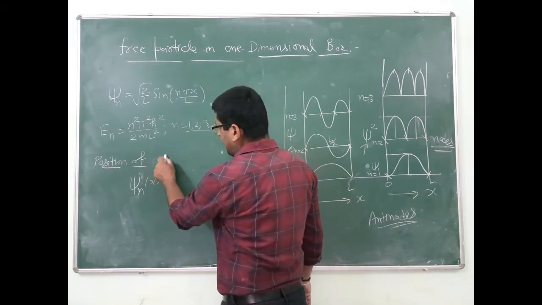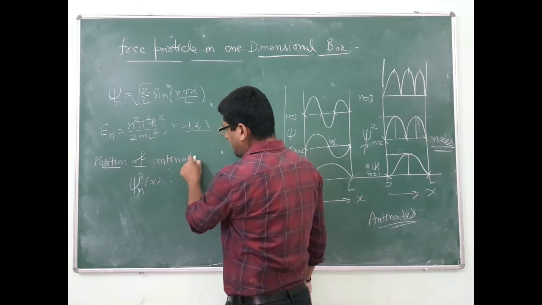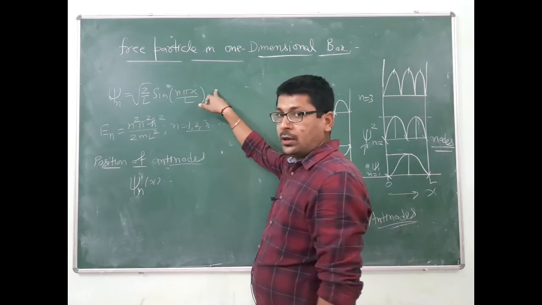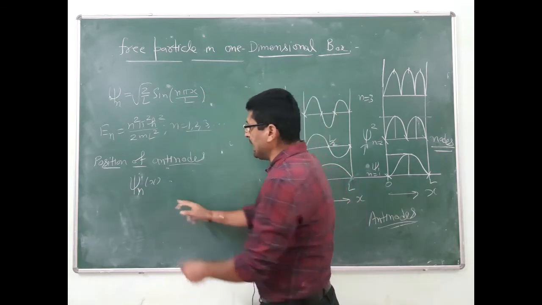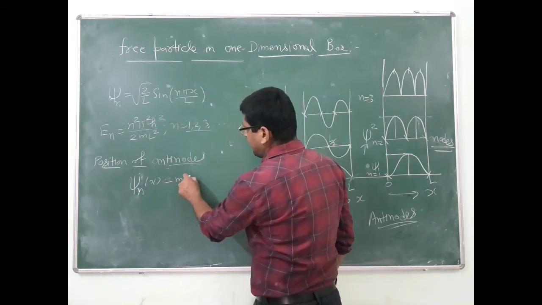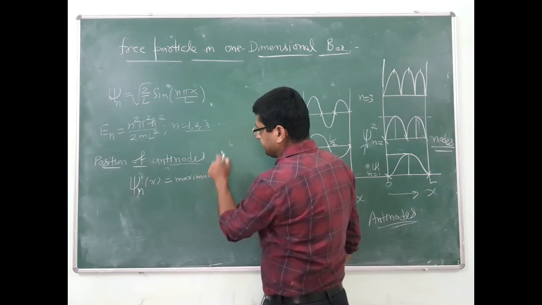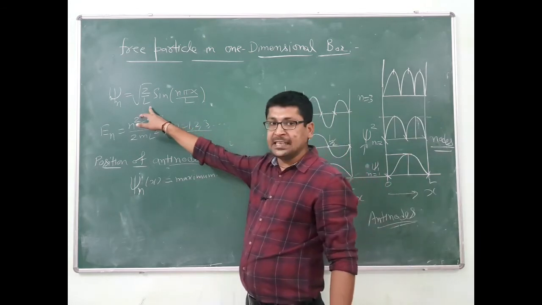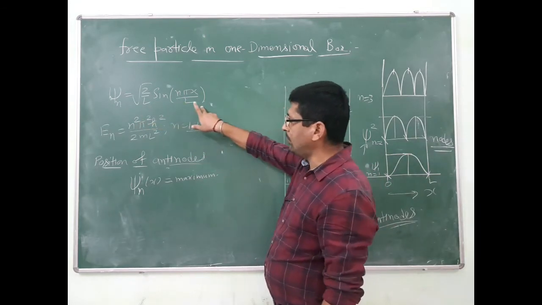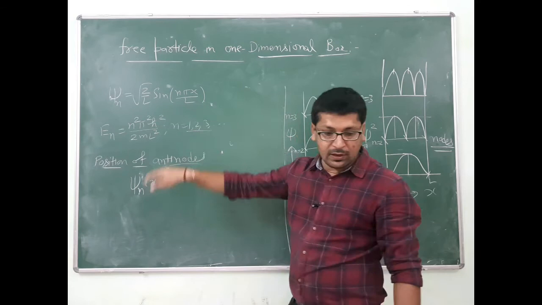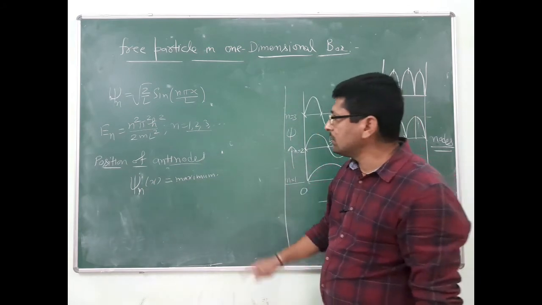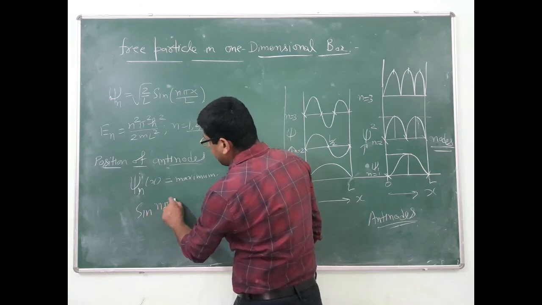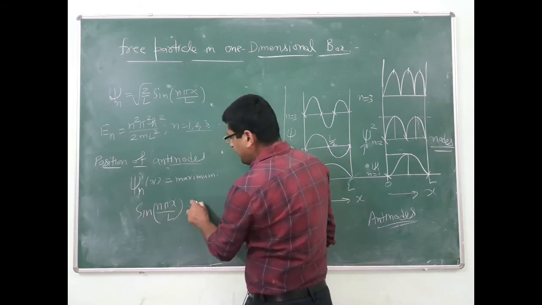Antinodes means your wave function has to be maximum, the psi n(x) has to be maximum. As we know, the prefactor is a constant, so the function will become maximum only when this sine function becomes maximum. That means sine n pi x by L has to be maximum.